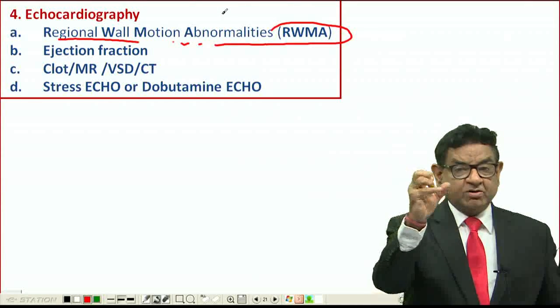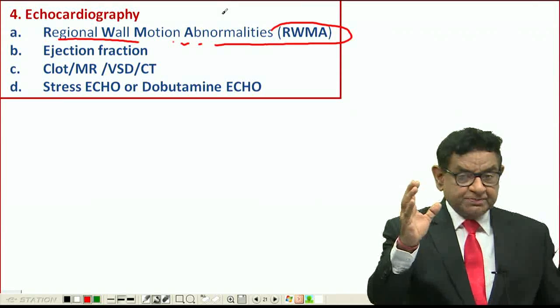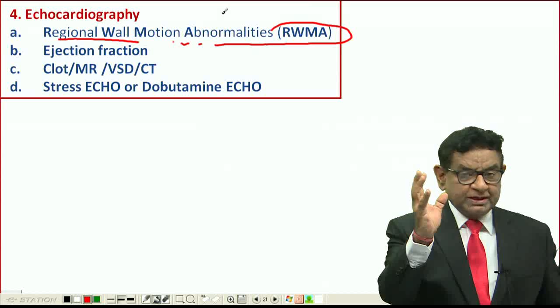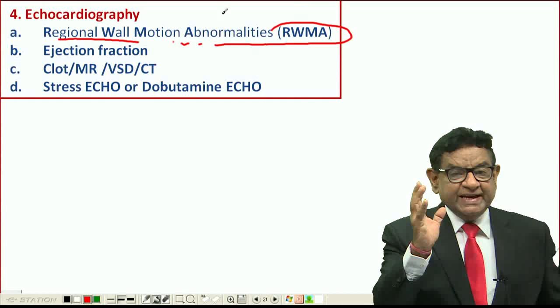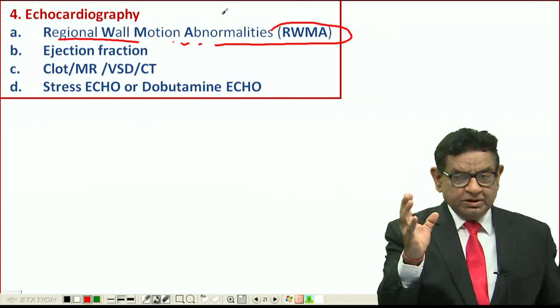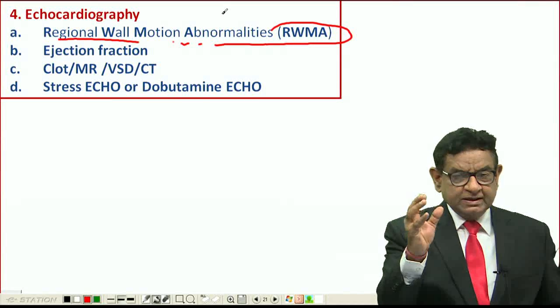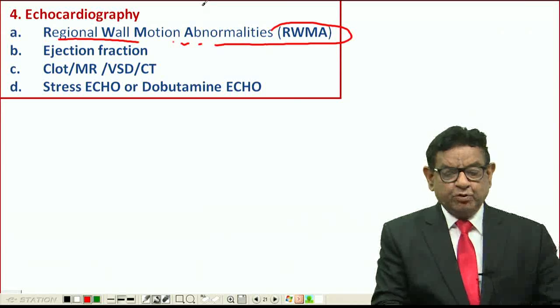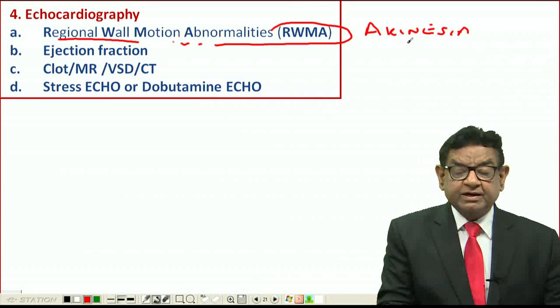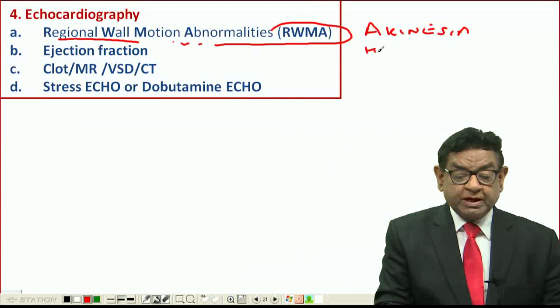Normal ventricular contraction is there. Suppose there is tissue ischemia. Either there will be no movement at all in the myocardium, we call it akinesia, or they have less movement, we call it hypokinesia. So no movement is akinesia, and less movement is hypokinesia.